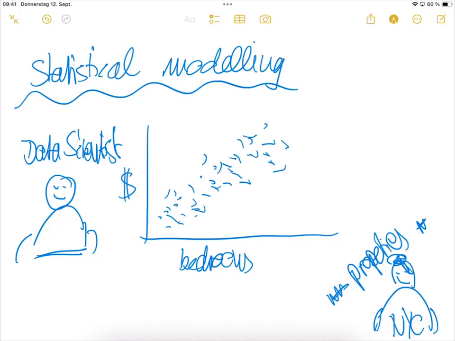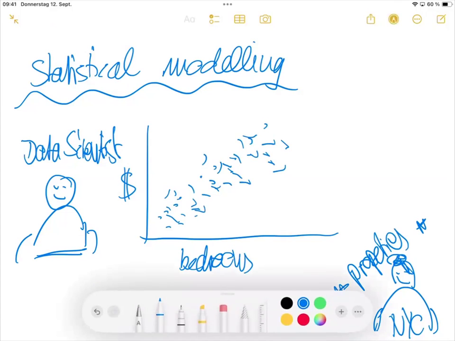So here we go, and then let's take here the regression line, which is nothing else, by the way, than a summary of the data, a summary of the bivariate distribution of bedrooms and the price you get when selling the property.